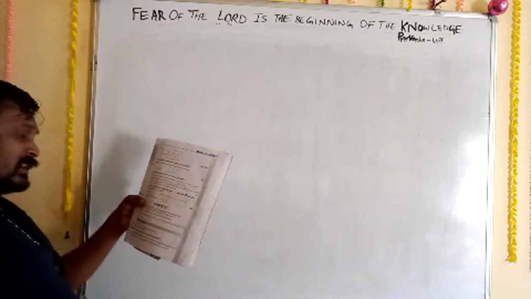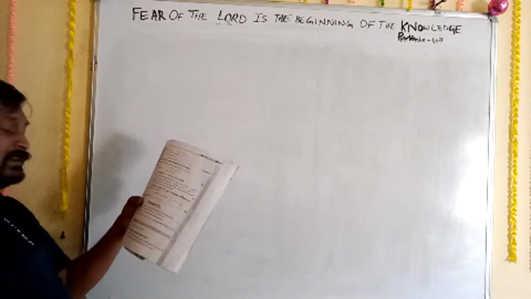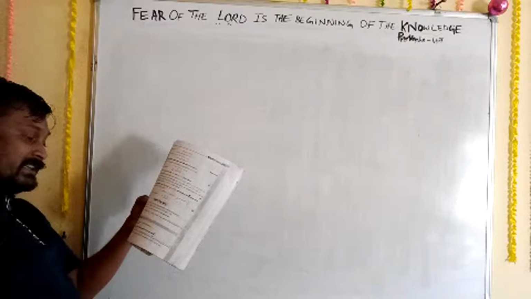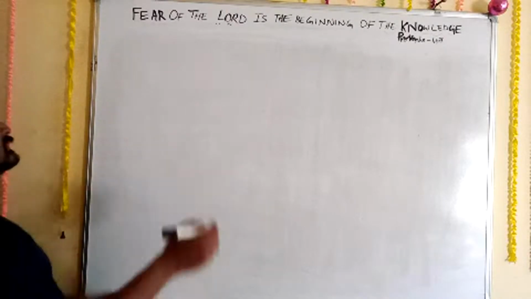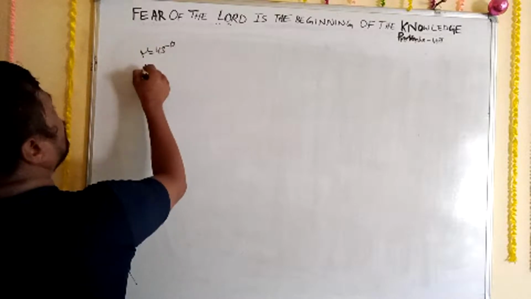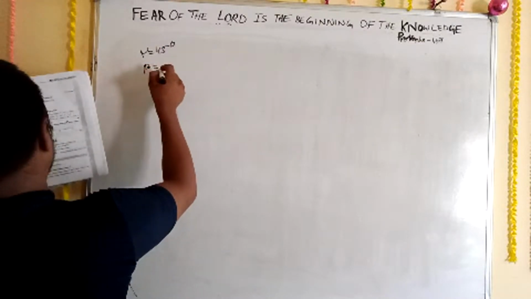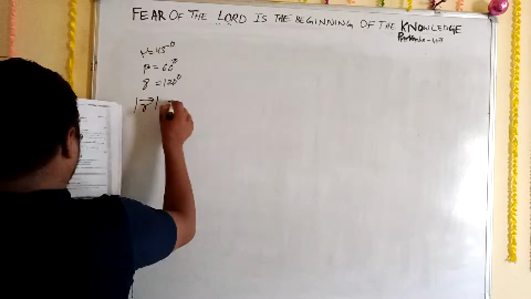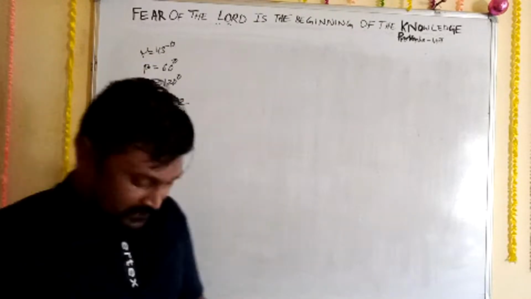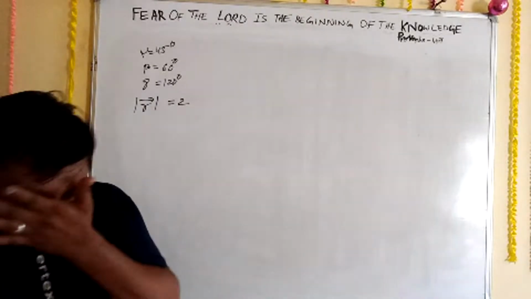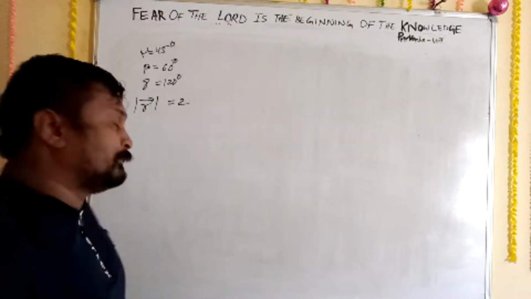They said a vector R makes angles 45 degrees, 60 degrees, 120 degrees with the X, Y, Z axes. So 45 degrees is alpha, beta is given as 60 degrees, and the R vector is given as 2. This part I had not explained to you, but anyhow, now I will explain, so listen carefully.